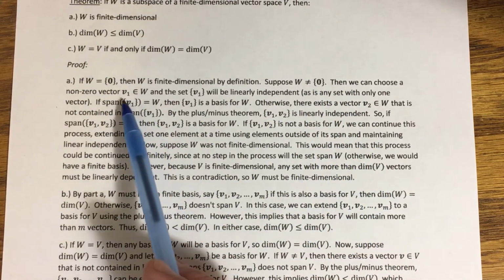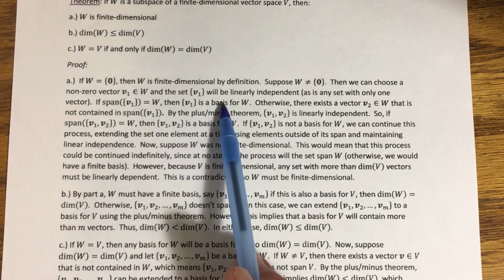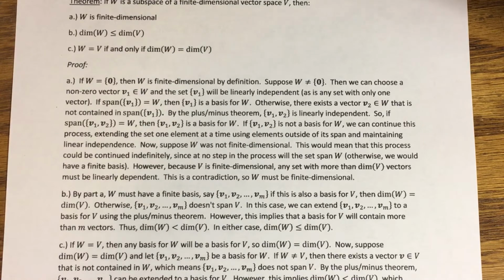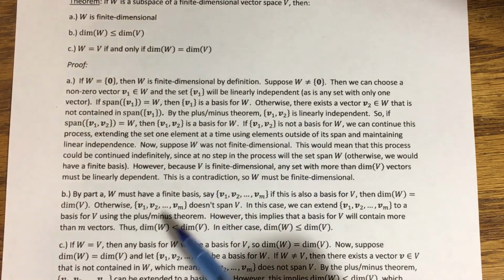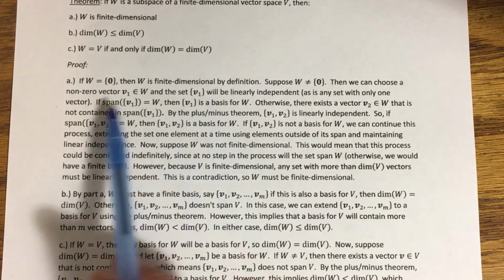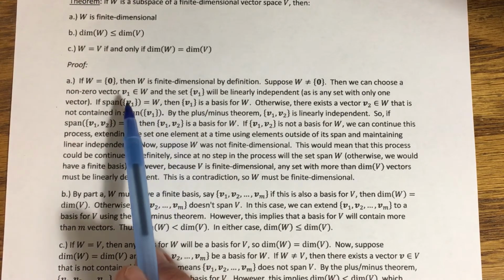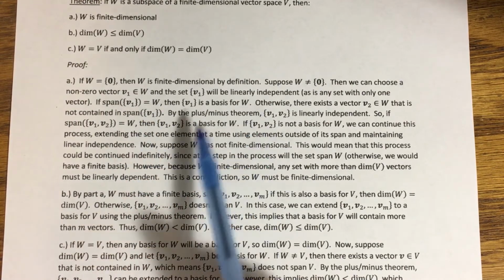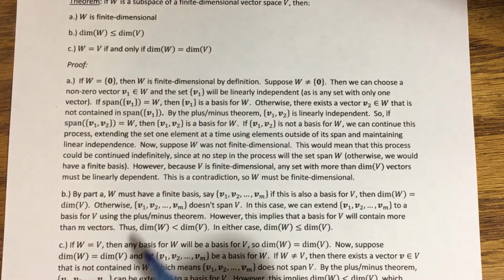I'm going to call that non-zero vector V1. Now we know that the set {V1} is linearly independent because any set containing only one vector is always linearly independent. And if the span of that set turned out to equal W, then V1 would be a basis for W, right? And that would mean W has dimension 1, so it's finite dimensional.